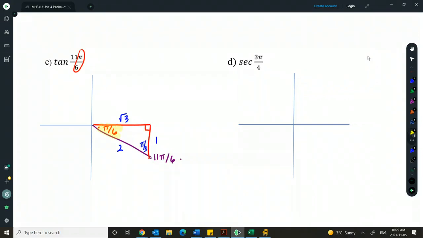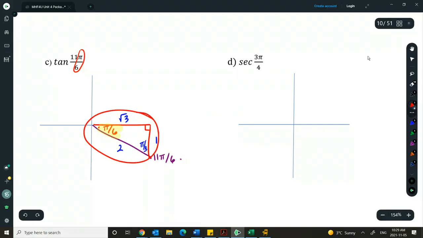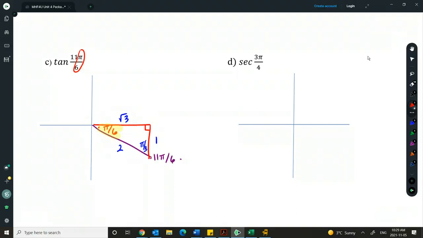Okay, Zach? So this is the pi over 6, pi over 3, pi over 2 triangle. So we reviewed in our last lesson the special triangles. So we know that any angles inside a triangle, if we're talking about degrees, they have to add to 180. In radians, the equivalent to 180 is pi.